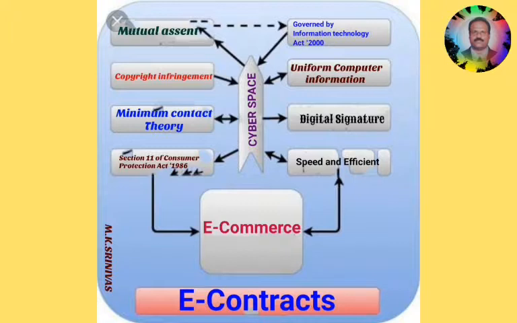Then cyberspace, as you know, involves uniform computer information. Then it needs a digital signature, and the Copyright Act of 1956 is also applicable. Then the minimum contact theory, which we are going to explain in detail afterwards. Now, Section 11 of the Consumer Protection Act is also applicable on these contracts.